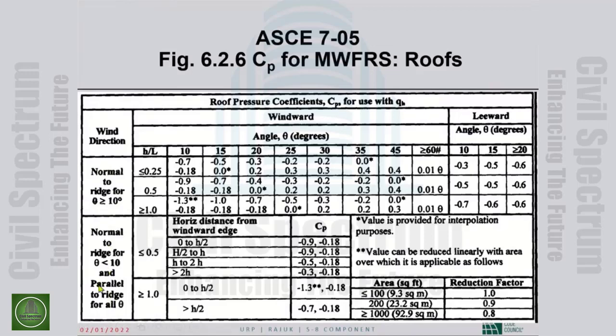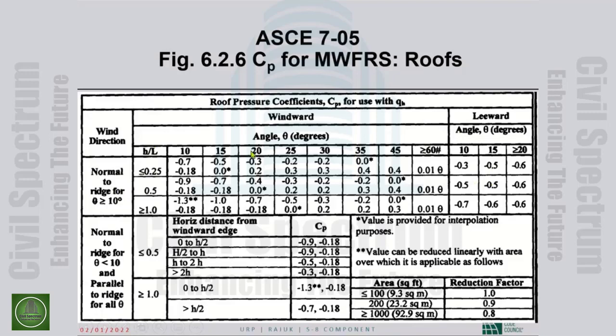Both are together. Normal to ridge for flatter roofs and parallel to ridge for all theta. This is mean roof height to plan dimension parallel to the wind, H over L ratio. Okay, and for wind normal to the ridge, this is the windward roof, this is the leeward roof.